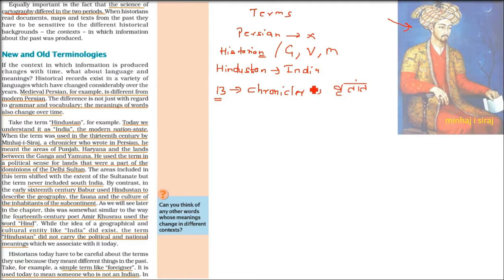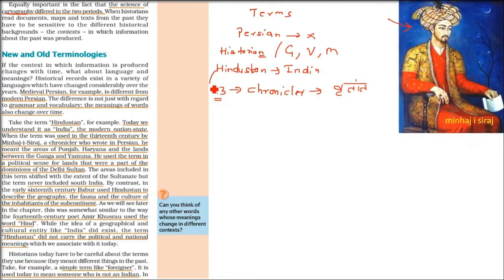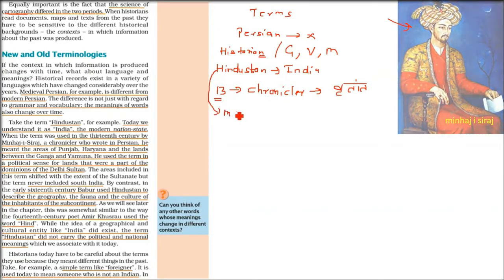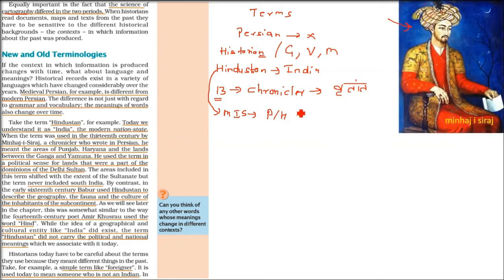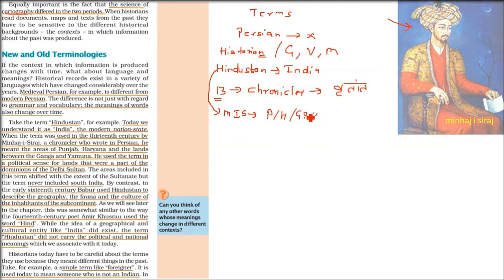He wrote it in Persian, Farsi. Whenever he used this word Hindustan, the meaning was that he is talking about Punjab, Haryana, and the region between Ganga and Yamuna.